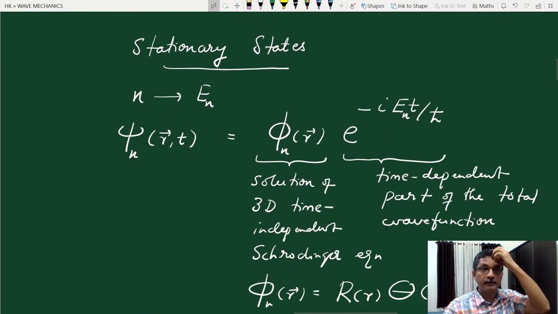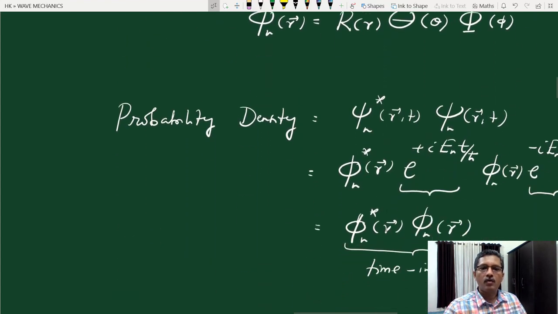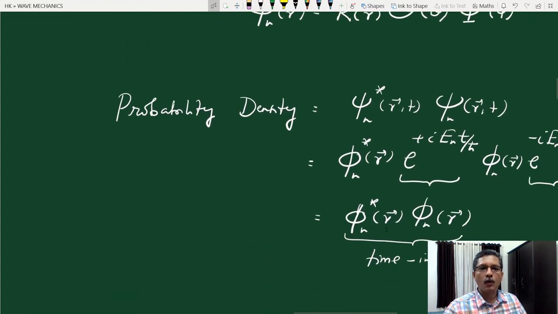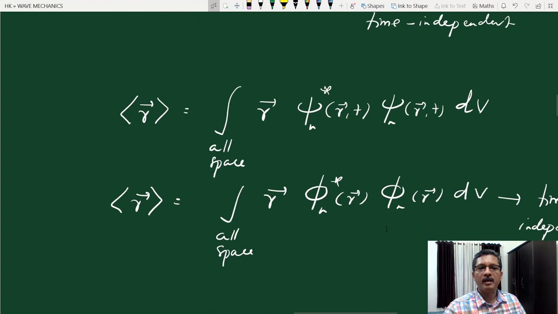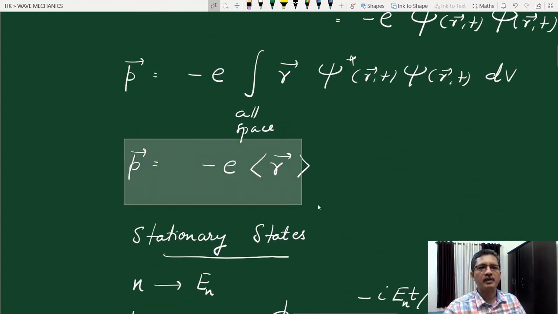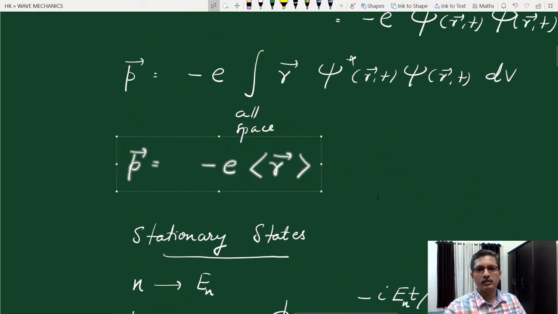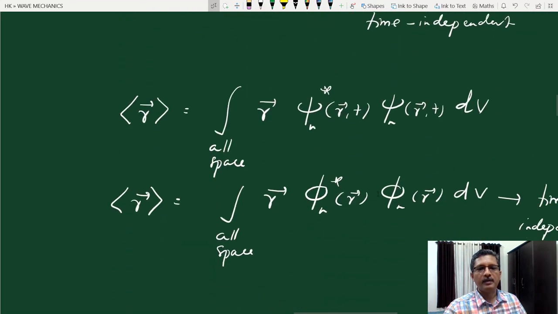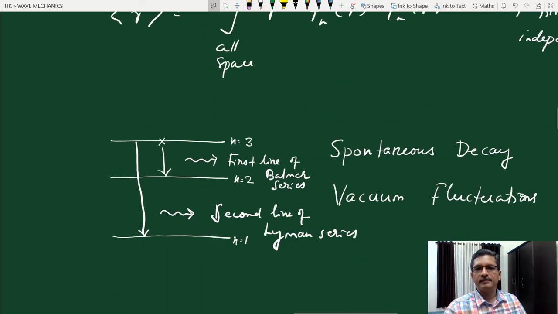Then we have also seen that when the electron is in a particular quantum state, such states are stationary, non-radiating states, because the probability density is time independent and the expectation value of the position vector of the electron is time independent. If the expectation value of the position vector is time independent, the dipole moment is time independent, so there is no radiation.